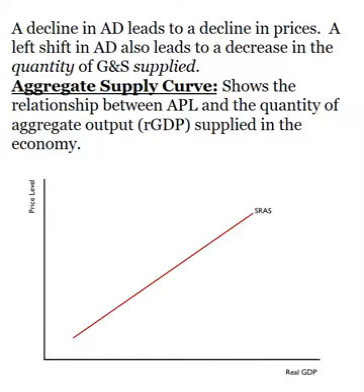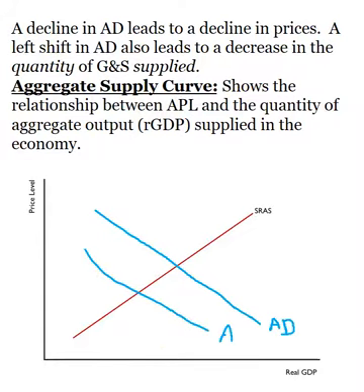So if this was our original AD line, and then it shifts left, so we have AD2, you can see that even though AD shifted, it's a move along the curve on SRAS, and because the move along the curve is to the left, it would be a decrease in short-run aggregate supply. The quantity of short-run aggregate supply decreased.